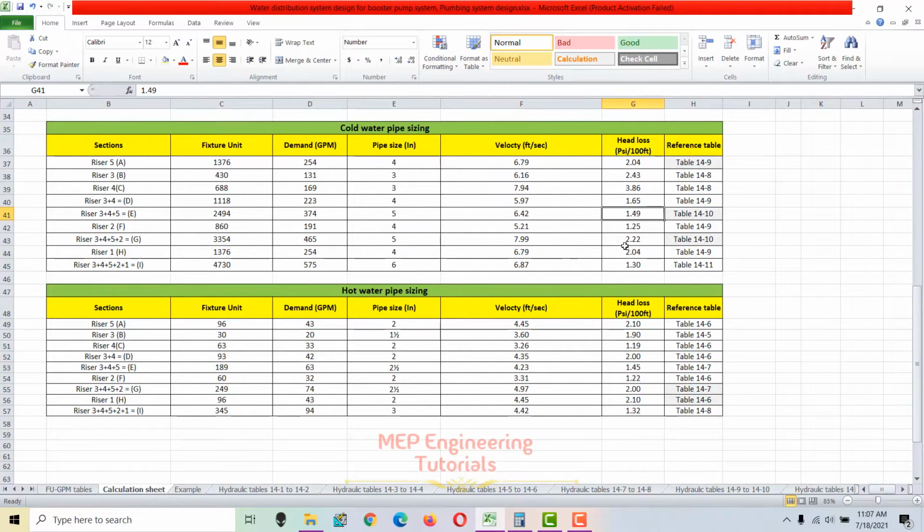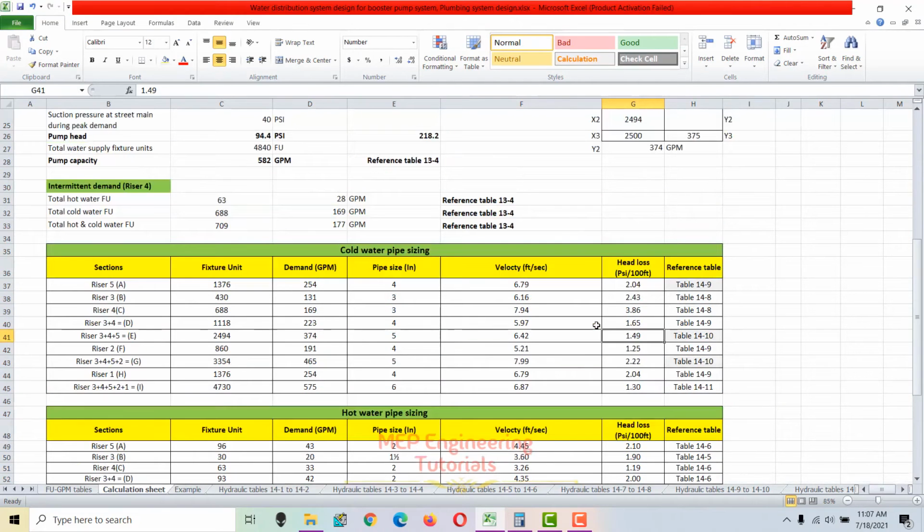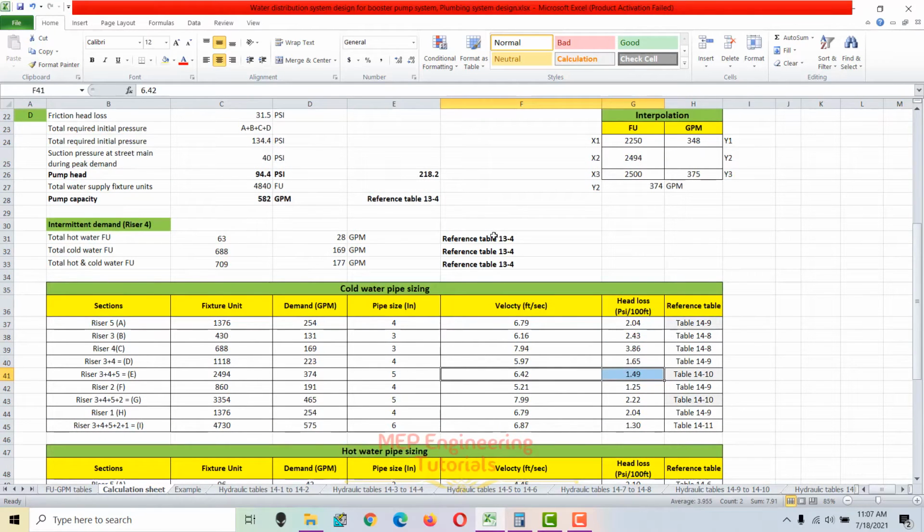So the velocity of 6.42 is less than 8 feet per second, and the head loss is 1.49 psi per 100 foot. Both values are less than our recommended values which we set in the beginning. So the 5-inch pipe size selected for 374 GPM is correct here.